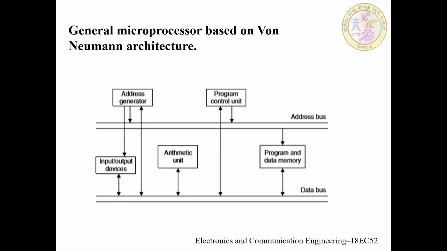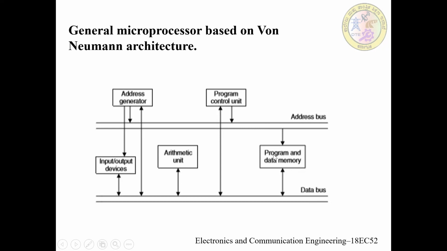Von Neumann suggested that the computer instructions as well as the architecture be numerical codes instead of special wiring. You can see here our von Neumann processor contains a single shared memory for both program as well as data, and a single bus for memory access, as well as an arithmetic unit and a program controller unit.